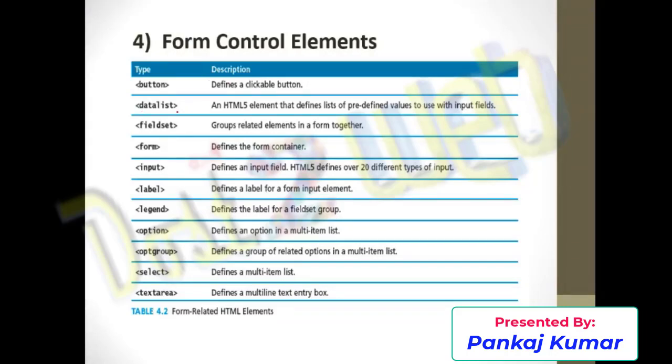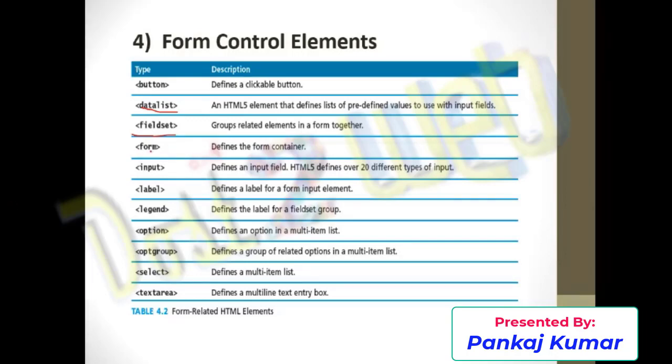When you want a data list, that means in HTML5 it is defined, and when you want some data list you can define it. When you want to define a field set, that means if you want to group related elements in the form together. So whenever you are defining all the elements and you want all the elements to be grouped together, then you have to define it with the field set.